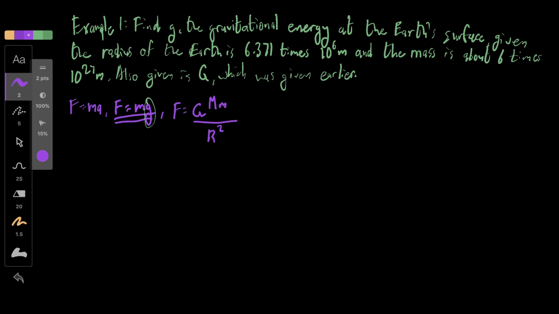And wait, no, this is not G to the power of mm. This is G multiplied by mm over r squared. So there you have it. That's our radius, and I think it's time to get going.